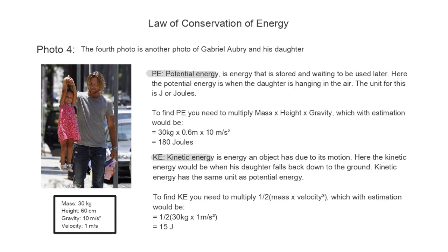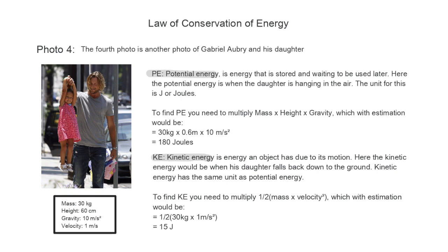This is photo 4. The fourth photo is another photo of Gabriel Aubrey and his daughter. We have PE, or potential energy, which is energy that is stored and is waiting to be used later. Here, the potential energy is when the daughter is hanging in the air. The unit for this is J, or joules.